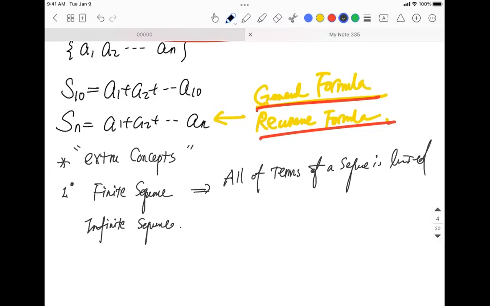So a finite sequence means the number of terms is something you can count, while an infinite sequence has unlimited terms.